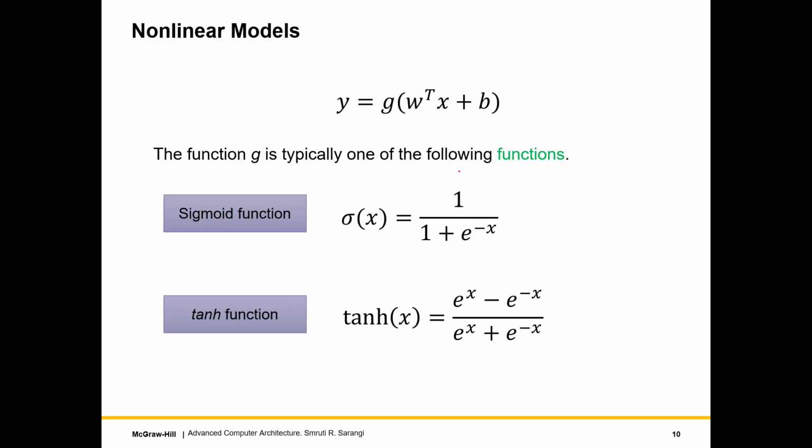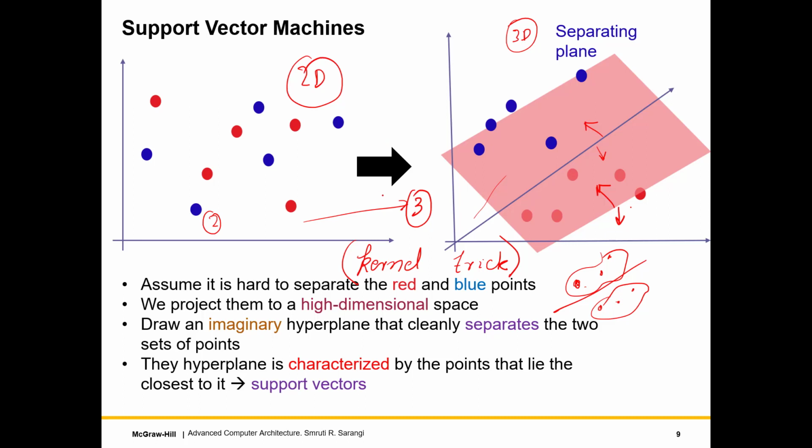Now, if I look at nonlinear models, which are very different from what we discussed, incidentally, the SVMs, support vector machines, as we have seen over here, were originally proposed for nonlinear models, basically because these points could be arising out of a nonlinear process.